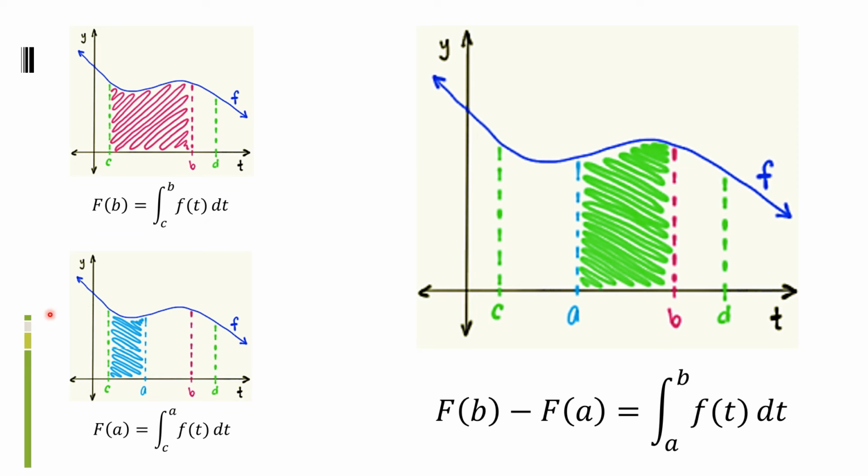Galing dito sa dalawang to. Pinag-minus natin yung capital F of B sa capital F of A. And this area here can be represented in terms of definite integral as the definite integral from A to B of f of t dt. So that shows us that fundamental theorem of calculus part 2 is valid.